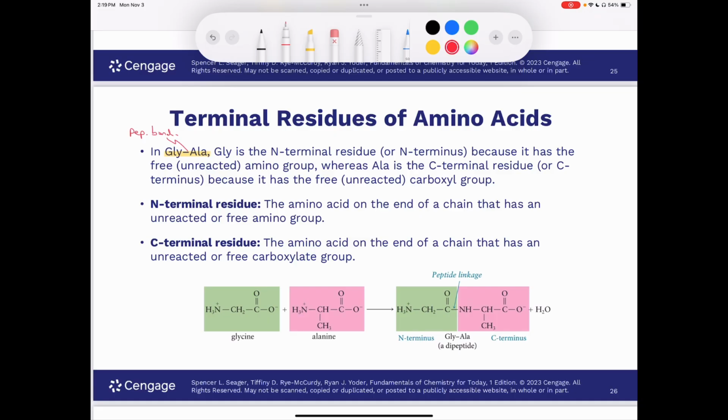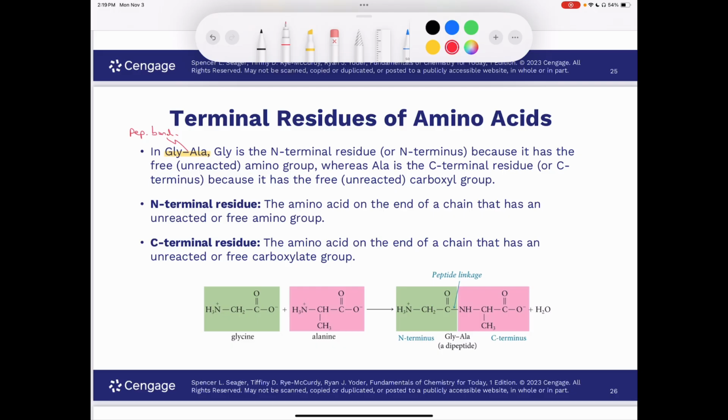It turns out that glycine is what we call the N-terminal residue or the N-terminus. I'll probably call it N-terminus because that's what I learned when I was a student many years ago. So glycine is the N-terminus because it has the free or unreacted amino group, whereas alanine has the C-terminus or C-terminal residue because it has the unreacted carboxyl group.